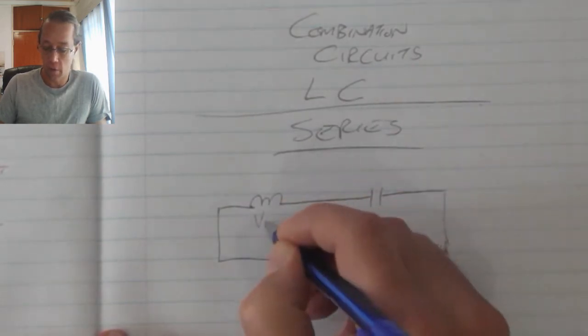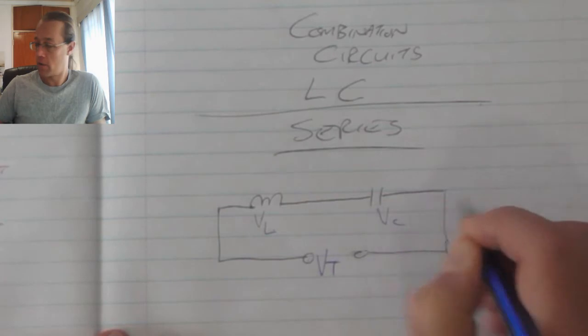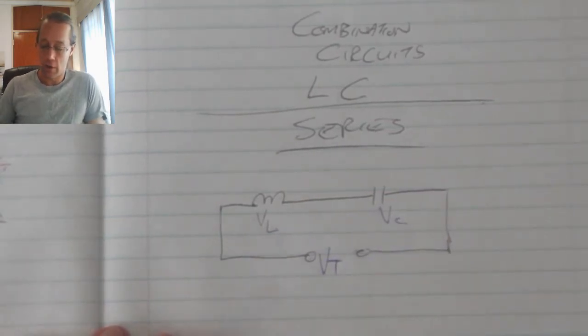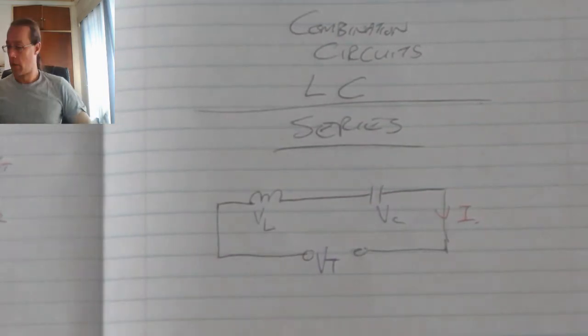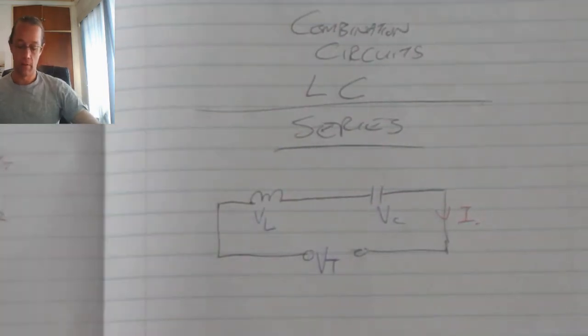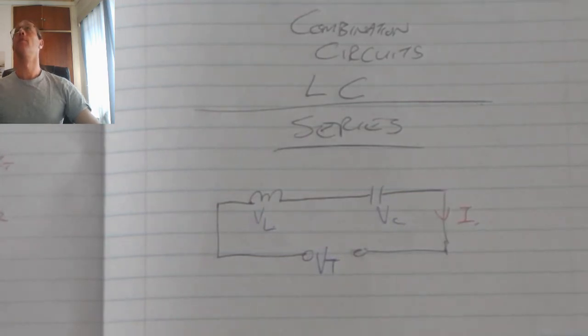So when current flows, our inductor and our capacitor, due to the storing of energy, will develop individual voltages across themselves.